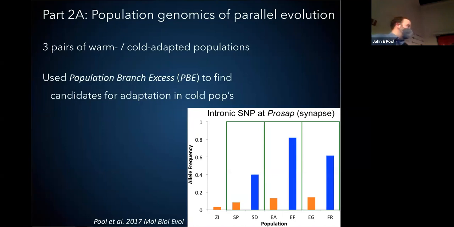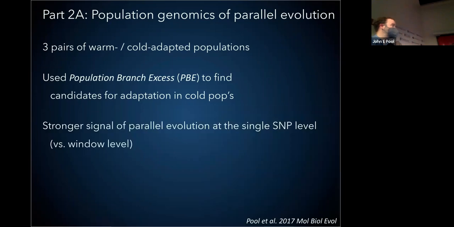The unique result here is that in each cold adapted population, the frequency of this variant is dramatically elevated compared to its warm adapted partner, to an extent that is actually unexpected by chance at any SNP in the whole genome.